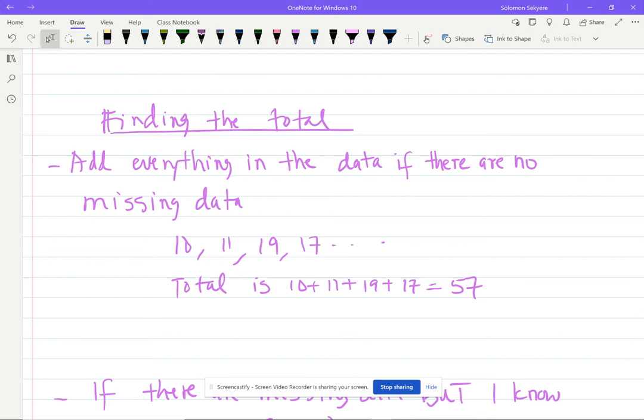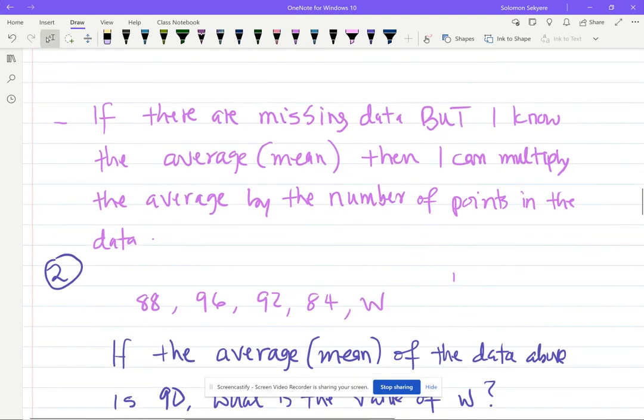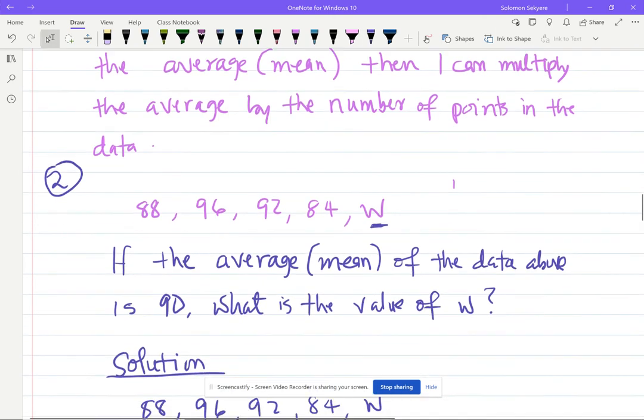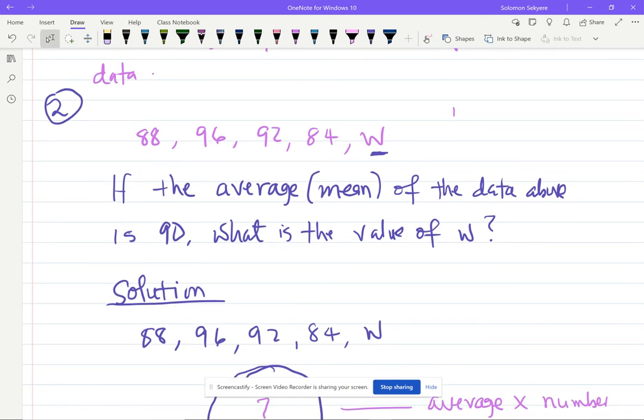Now, if I have all the numbers, then I can just add up and get my total. Sometimes I do not have all the numbers. I have the numbers plus something that is missing. In this case, guess what? I cannot find the total by adding, but I could be given more information to find my total.